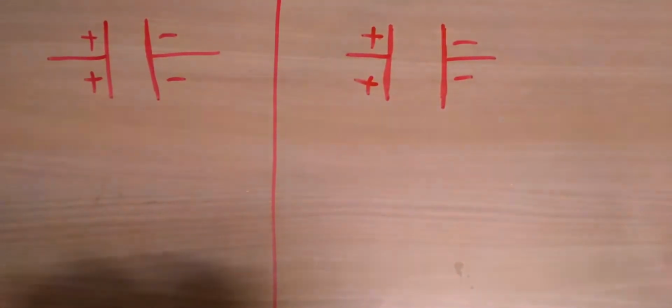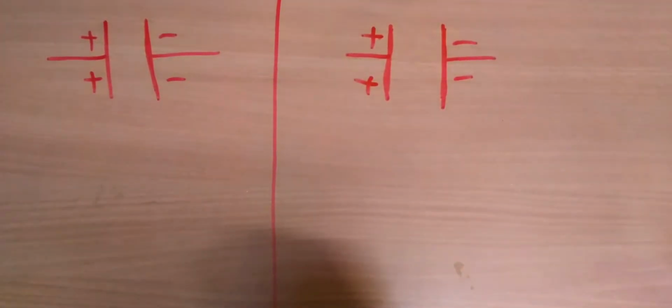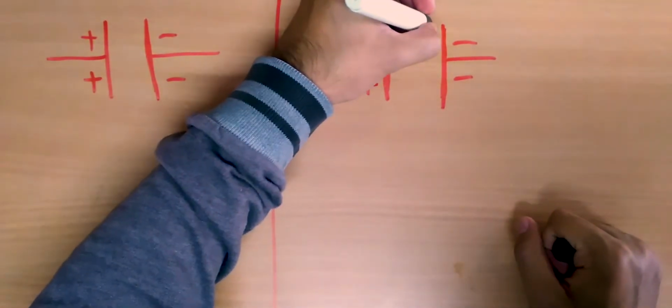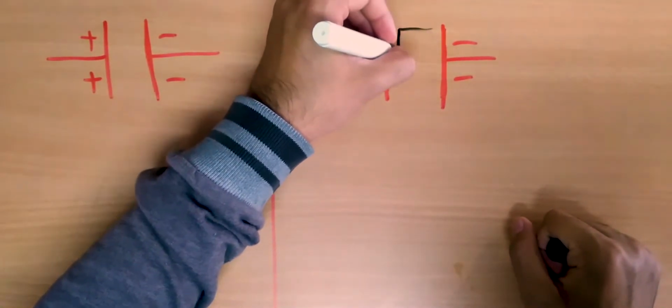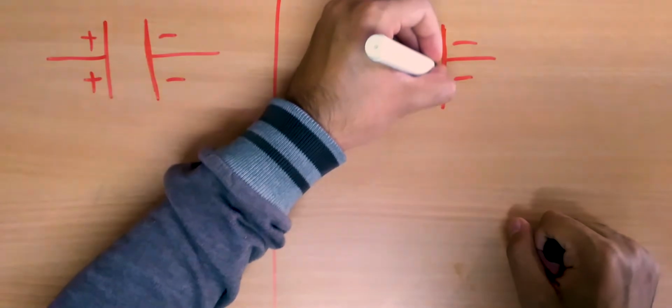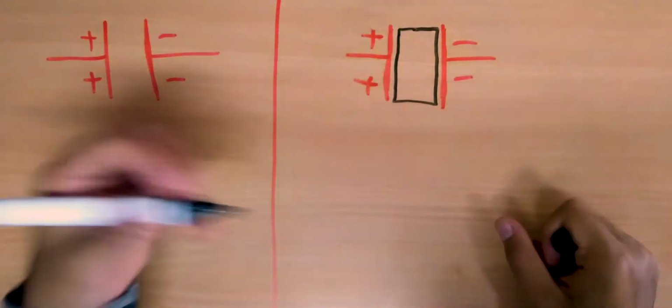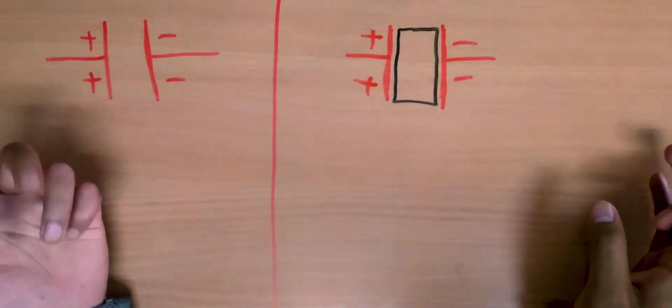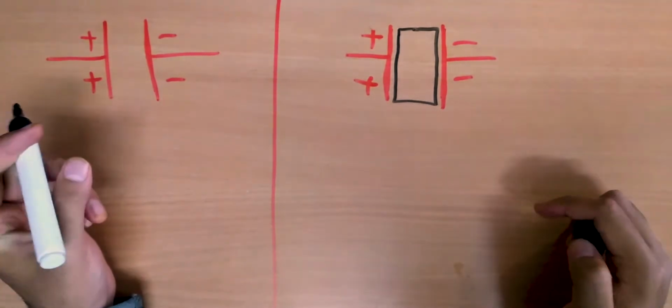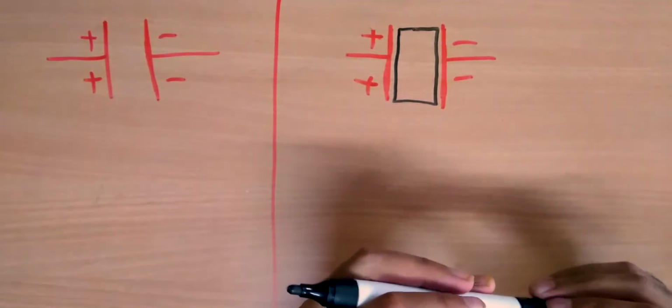So if I have a dielectric, we've seen that in the last video. So let me just quickly draw the dielectric. You know that the dielectric as a whole is again neutral, because we cannot have any charge separation on it.